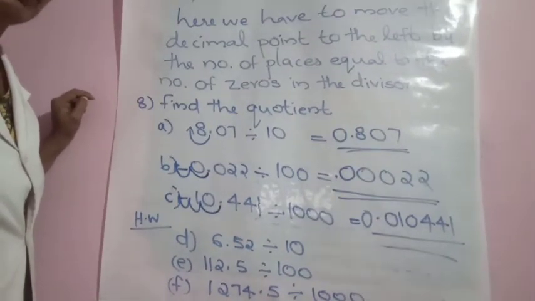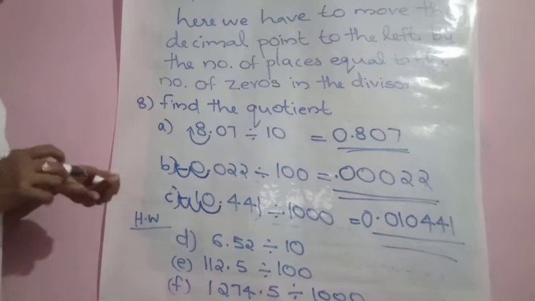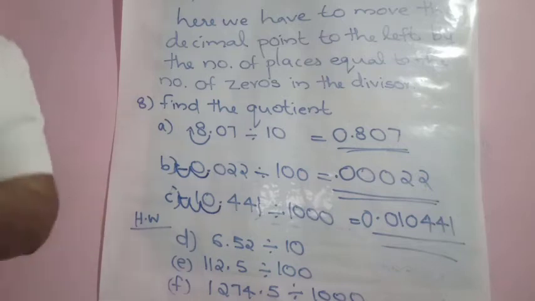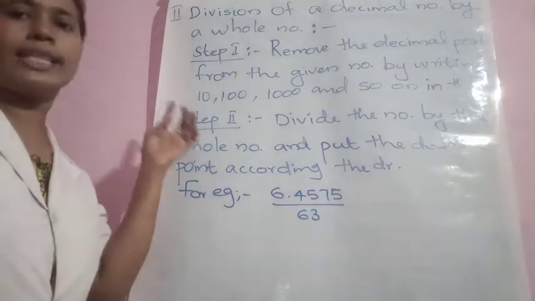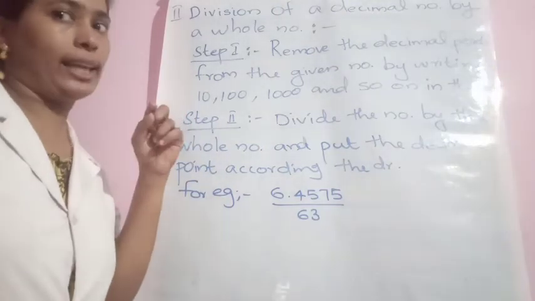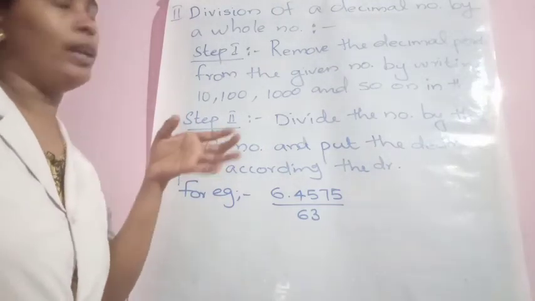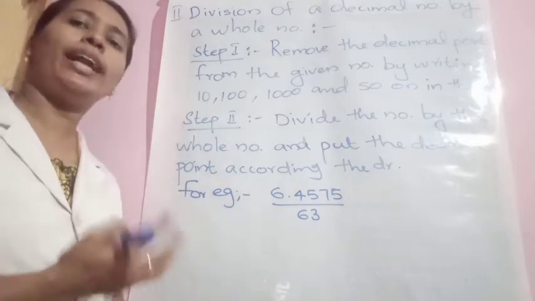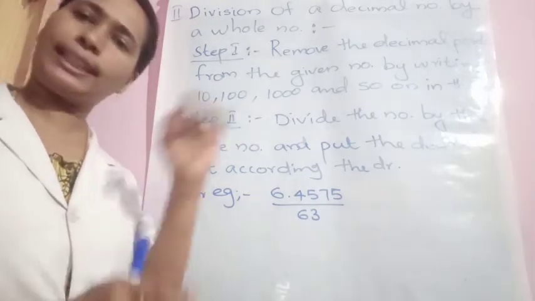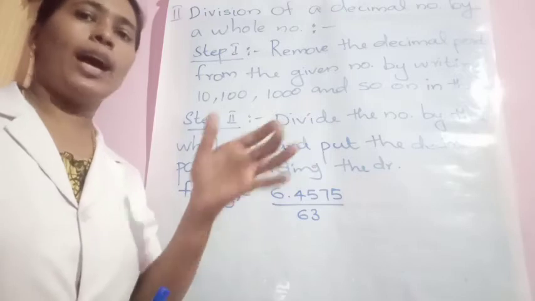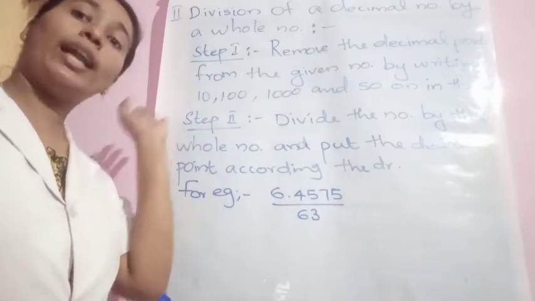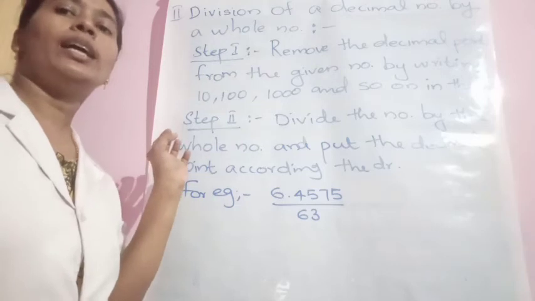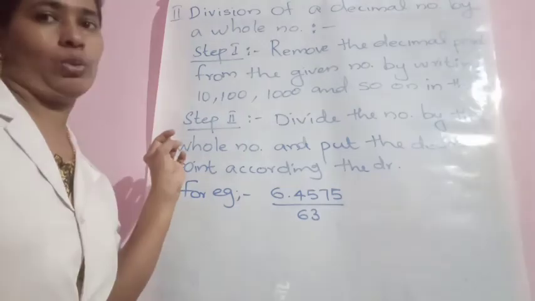Okay. Let me move to the another case. Let us move to our second case. First case we have studied how to divide a decimal by 10, 100, 1000, etc. How to do? We have to move the decimal point to the left according to the number of zeros.